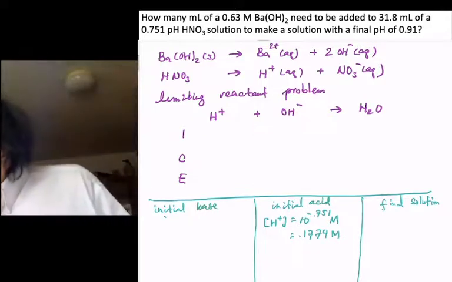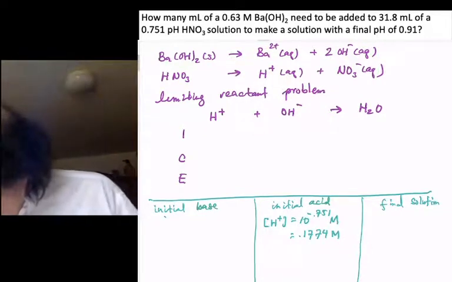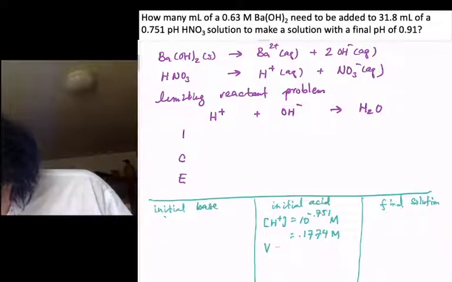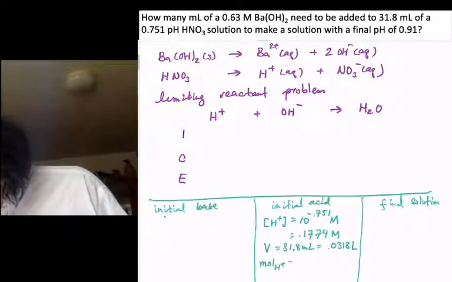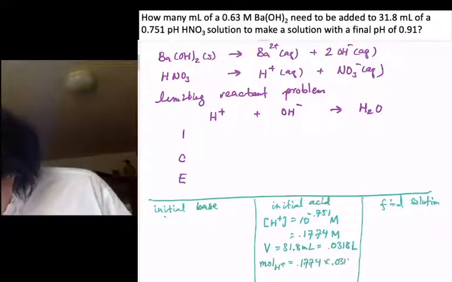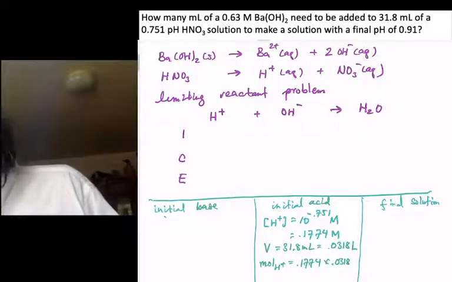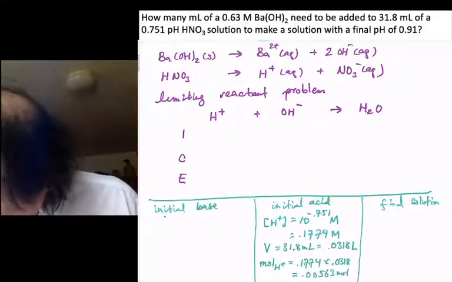And we also know the volume, it's 31.8 milliliters, which is 0.0318 liters. And so we can get the moles of H+ is equal to 0.1774 times 0.0318, and that's equal to 0.00563 moles. And we enter that right here.